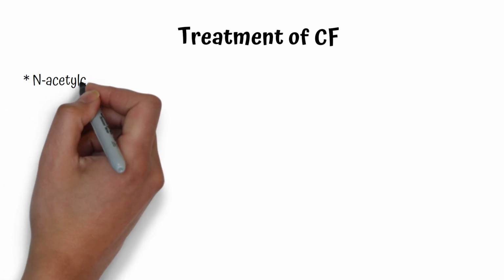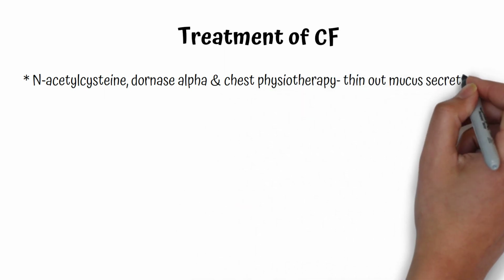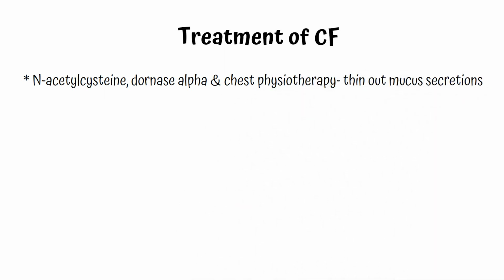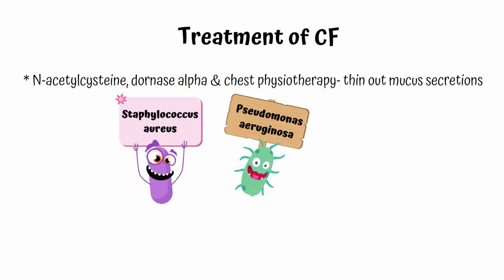Cystic fibrosis can be treated with drugs such as N-acetylcysteine, Dornase alpha, and chest physiotherapy to thin the mucus and clear it up from the airways. Exacerbation of cystic fibrosis by microorganisms like Pseudomonas and Staph aureus can be treated with antibiotics.